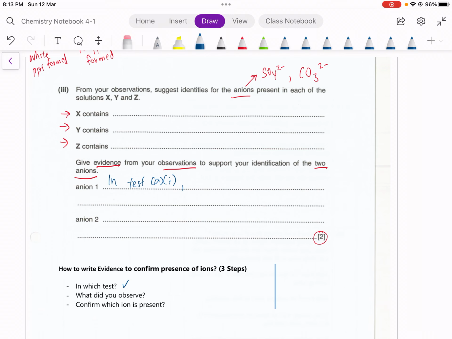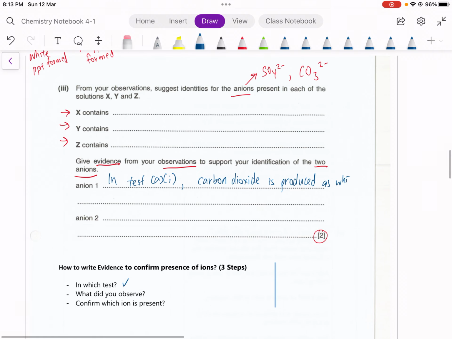Let me write down an example. Carbon dioxide gas is produced as white PPT is formed with lime water.